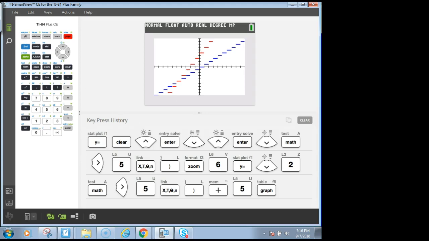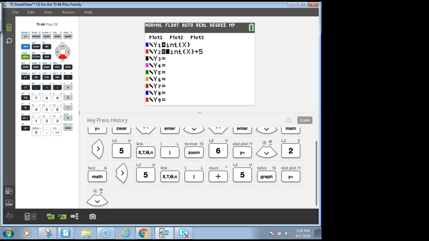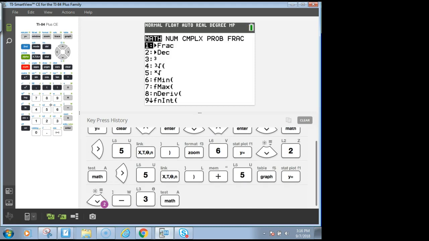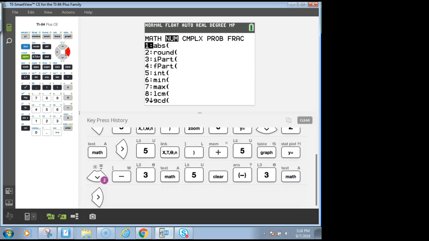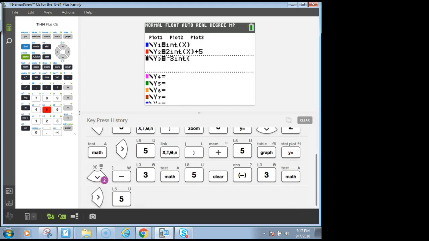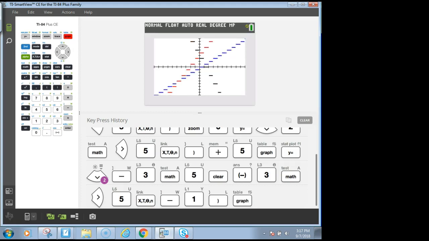Steep stairs. And then if you want, you could put in a negative, -3, math, choice 5. Oh, I didn't go to the NUM. Type that again. -3, math, arrow to NUM, choice 5, and then I'll just do X. Or I'm going to put X minus 1 in there. Okay, so it does the steps, and you can verify if your graph is looking right.